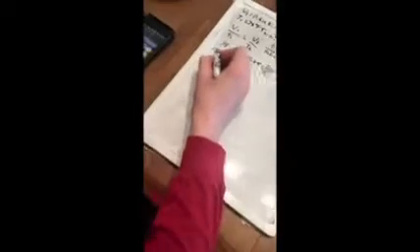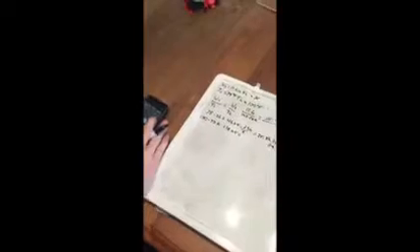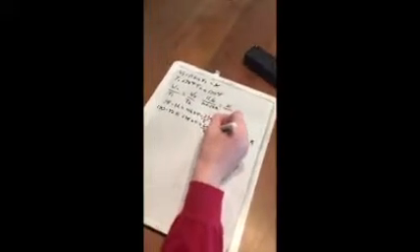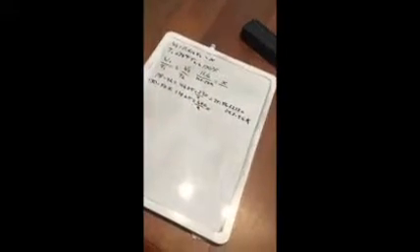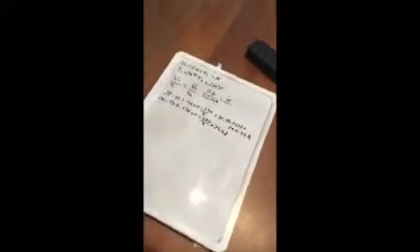Okay, now 170 you have to convert. So 170 minus 32 equals 138. Then multiply that times 5. 138 times 5 is 690, divided by 9 is 76.67, plus 273.